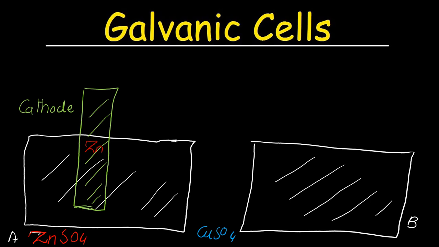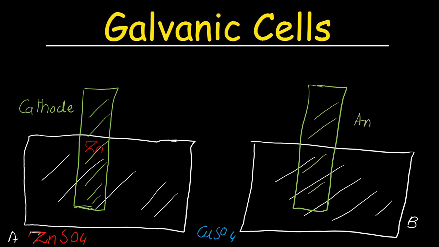Whereas the other container of the galvanic cell consists of an electrode which is usually an anode, and it is made up of copper, Cu metal.